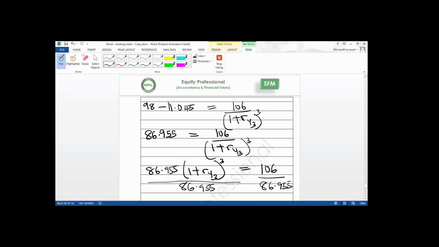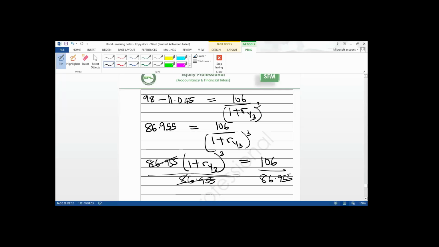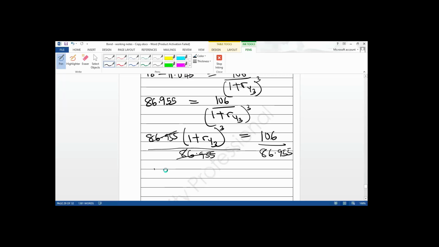This cancels out. We are left with 1 plus R in year 3 raised to power 3 is equal to 106 divided by 86.955, which is 1.219.